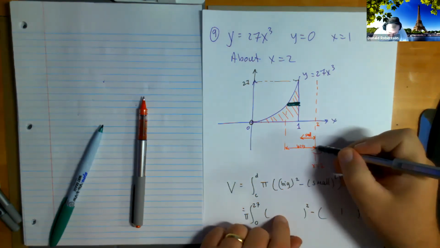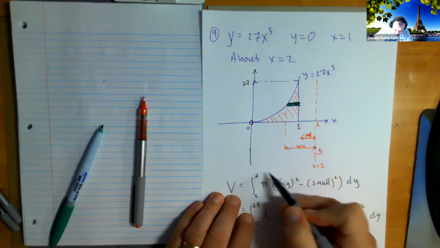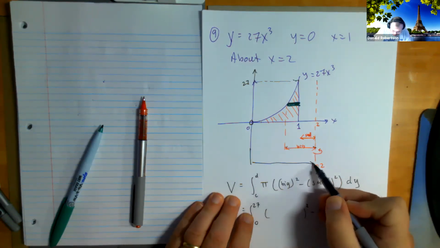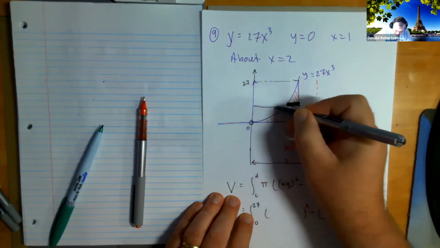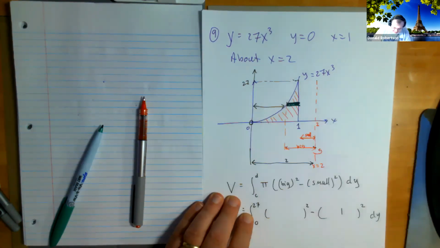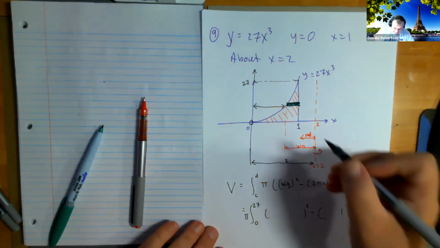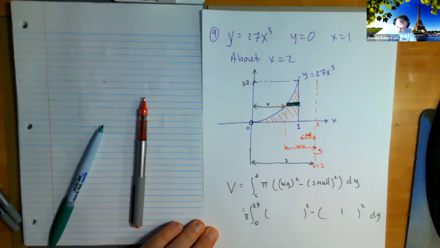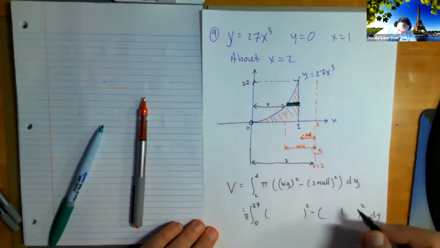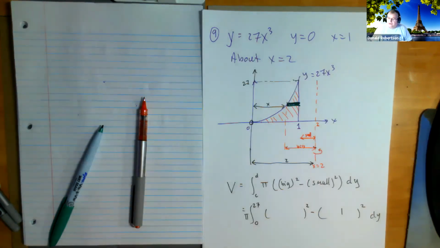Now, to get from here to here, which is called the big radius, imagine that the total distance from there to there is 2. And this distance from here to here is x. So this total thing here, isn't it 2 take away x?